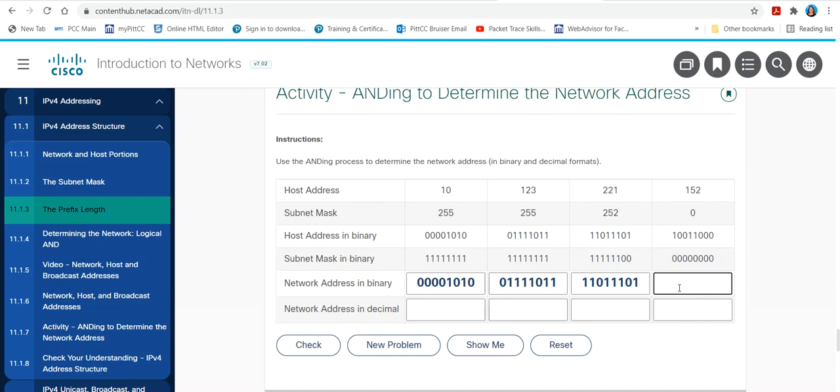So 0. So it looks like all zeros. Whoops. 1. So if you convert this number from binary to decimal, what you have is a 10.